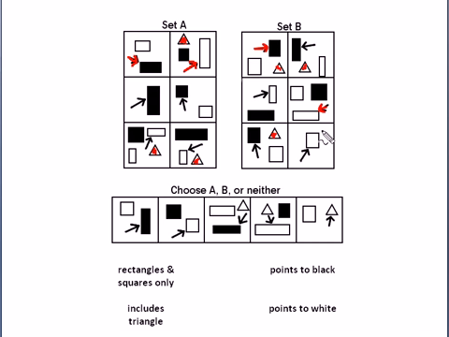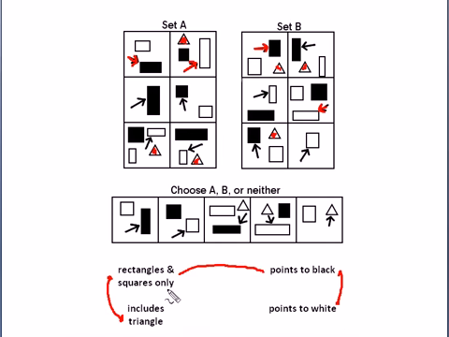So we want to know what the simple rules are, and let's think about whether we've got a triangle or not. That can be a simple rule: includes triangle, or is rectangles or squares only. And then in terms of where the arrow is pointing, it could point to black or it could point to white. That can be our second rule. Once again, we can pair these up.